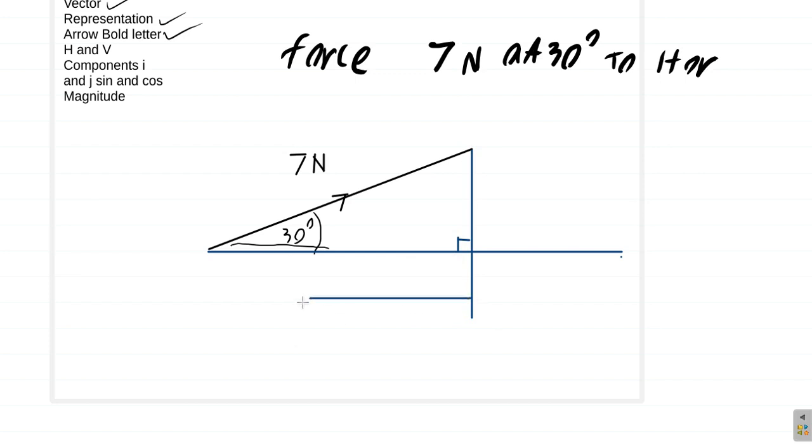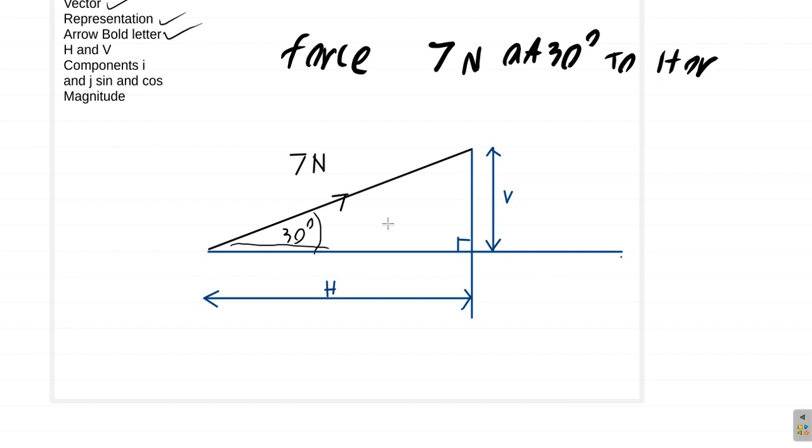Now, the length of the horizontal line is what you call the horizontal component, and the length of the vertical line is what you call the vertical component. And you can actually calculate them.